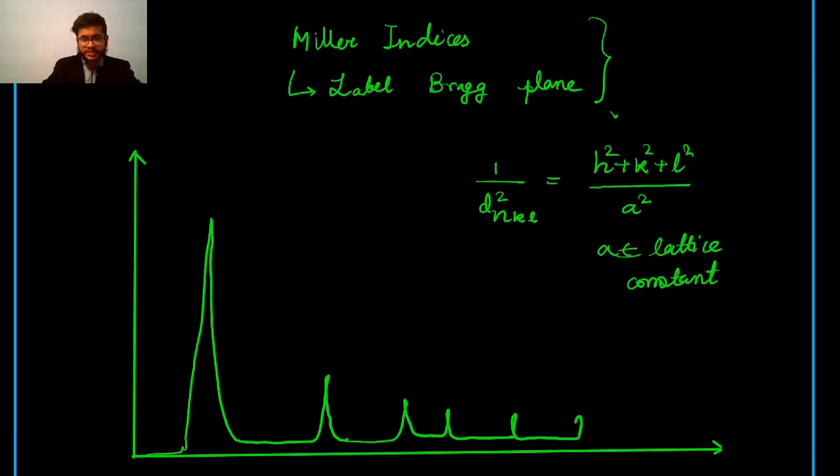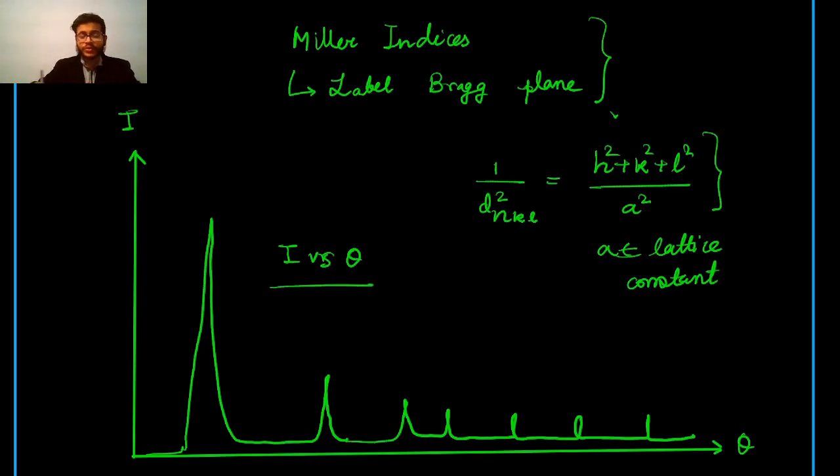You will get peaks where the separation between two peaks will be pretty much the same for a cubic crystal. This is theta, and this is the intensity, so this is an I versus theta plot.